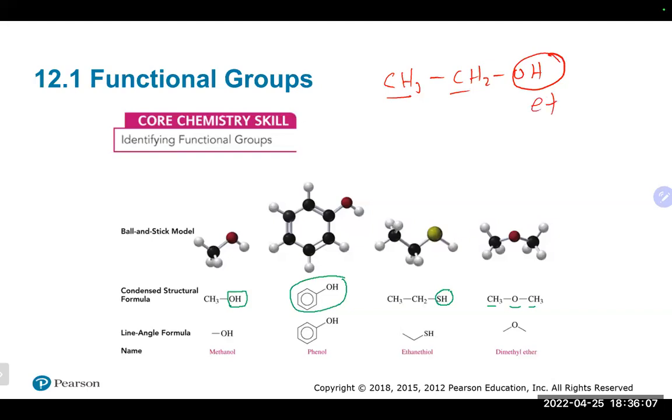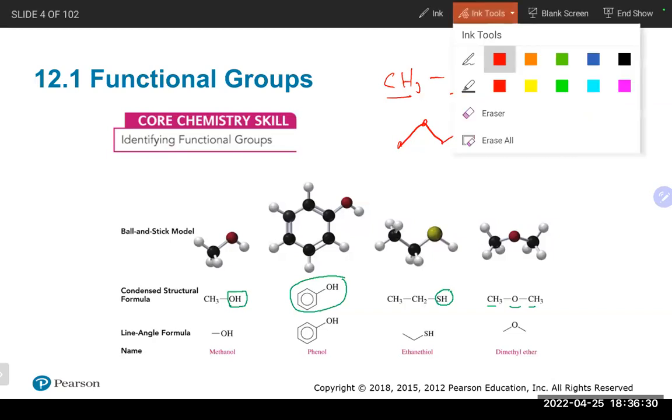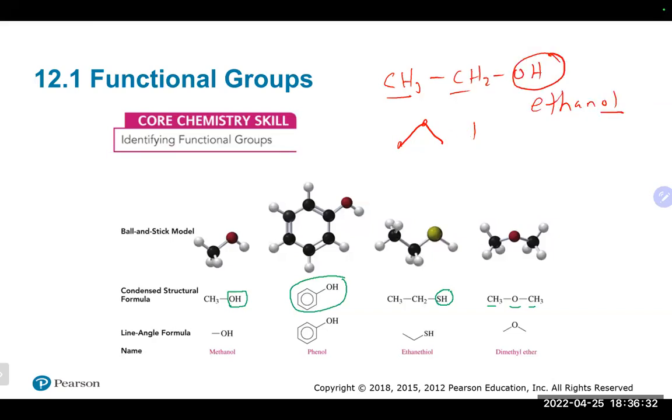This is known as ethanol, OL at the end of it, which is the alcohol. And if you did something like that, that would be your line structure for it. Again, 1 carbon, 2 carbons. And actually I have an extra carbon in there. Just do the OH at the end there would be good.